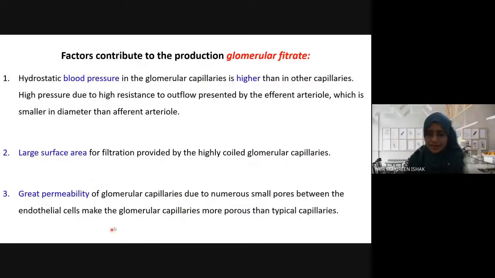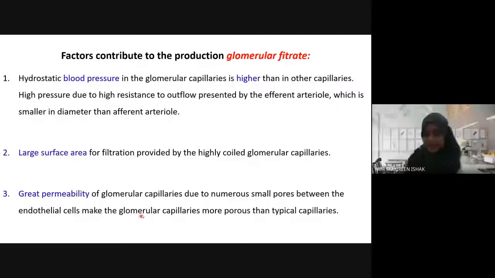So when the glomerular capillary is porous, it allows more fluid from the glomerulus to enter into the Bowman capsule. Tapi sebabkan pore yang present dekat glomerulus ni boleh menyebabkan other substance to enter also into the filtrate, which is glucose, amino acids and vitamins also to enter into the filtrate that enters into the Bowman capsule.